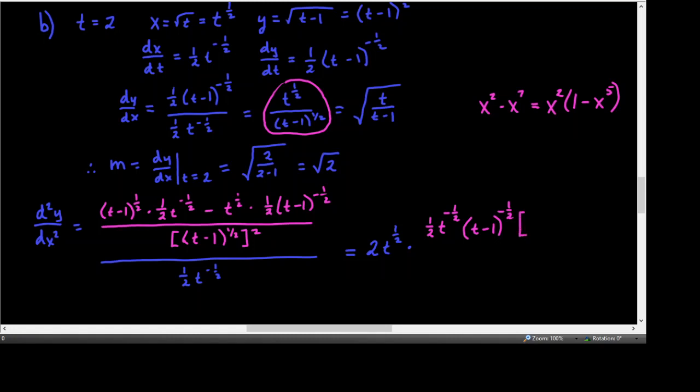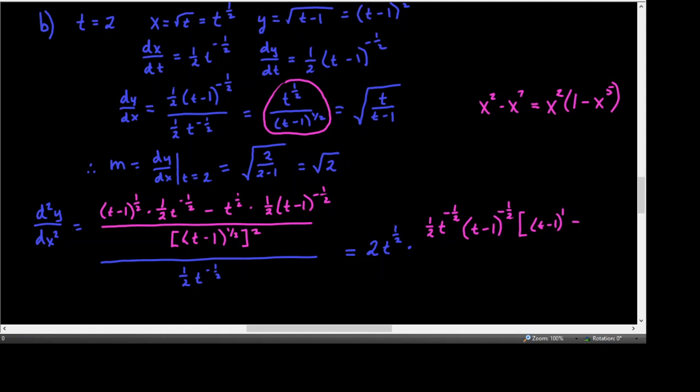So if I divide the first part of the numerator by 1/2 and t to the negative 1/2, that leaves 1 times 1 inside. And then here's the kicker, t minus 1 to the 1/2 divided by t minus 1 to the negative 1/2. Remember, to divide, you subtract exponents. So it'll be t minus 1 to the 1/2 minus negative 1/2, which is 1.